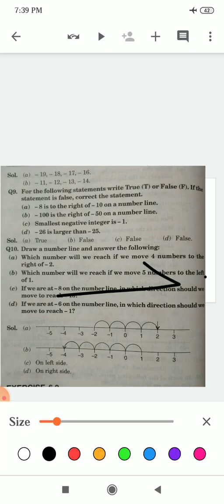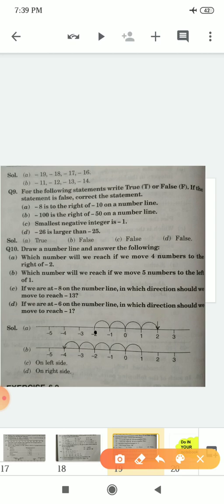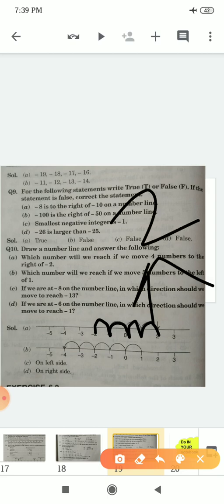Right means this side, this is the right side and this is the left side. So we have to move 4 numbers, 1, 2, 3, 4. So it will be on 2, because we have to move right, and we have to move 4.